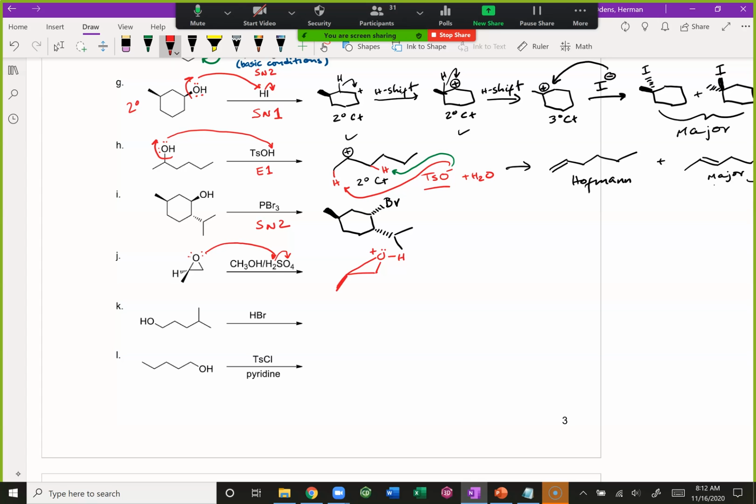This methyl is towards us, and the H is towards the back. Now my nucleophile, the alcohol, is going to lose one hydrogen to the conjugate base, the acid. So its options are 1 or 2. Where would it attack? Carbon 1 or carbon 2?